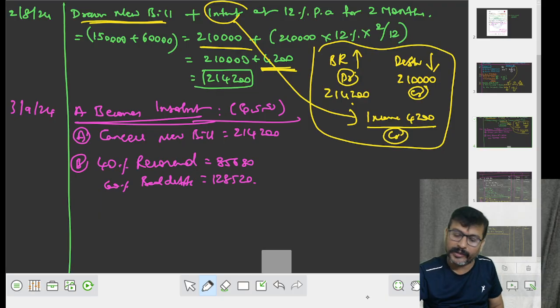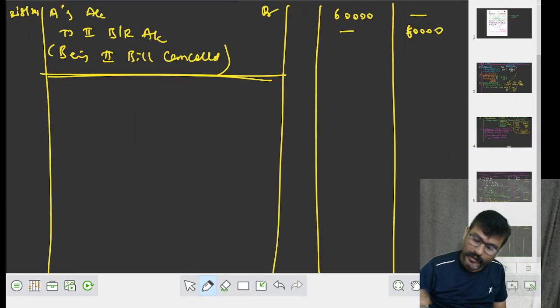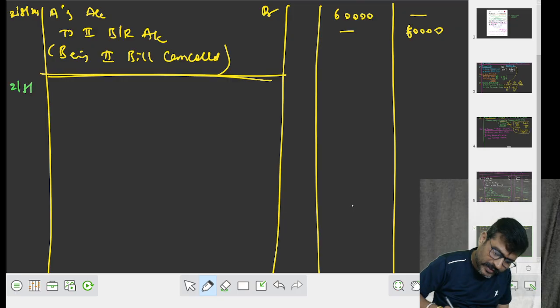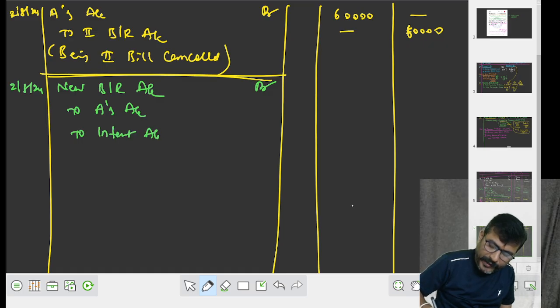अब एंट्री क्या होता, न्यू BR अकाउंट डेबिट टू डेटर टू इनकम टू इंटरेस्ट. कब डेट, 2 अगस्त को. Now let us write 2 August 24. New bills receivable account debit to A's account, to interest account.